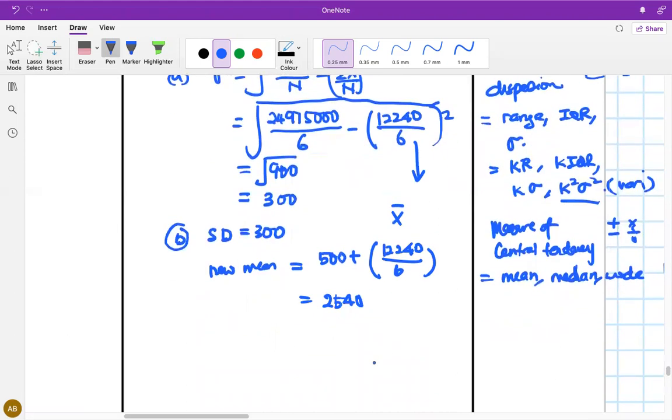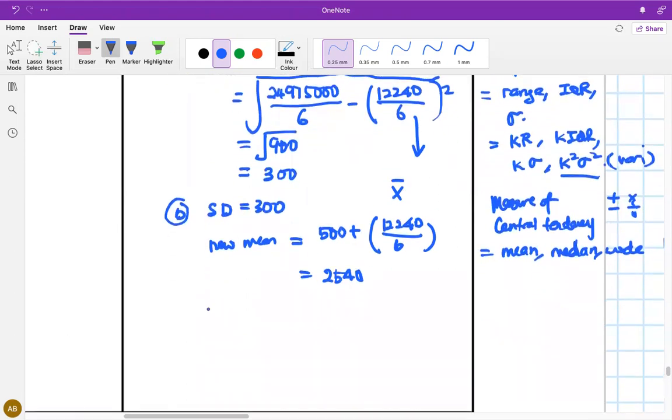So the new median is the old median plus 500. Mode is also the same: the new mode will be the old mode plus 500.